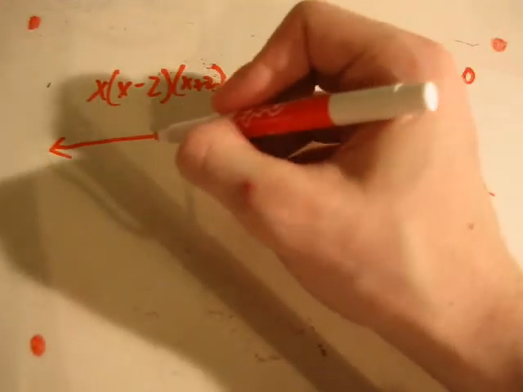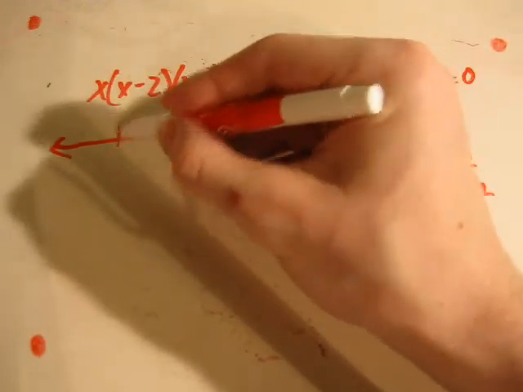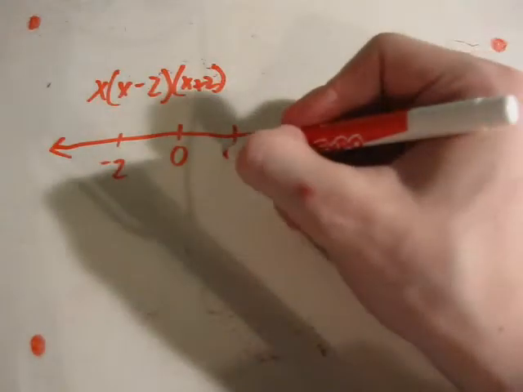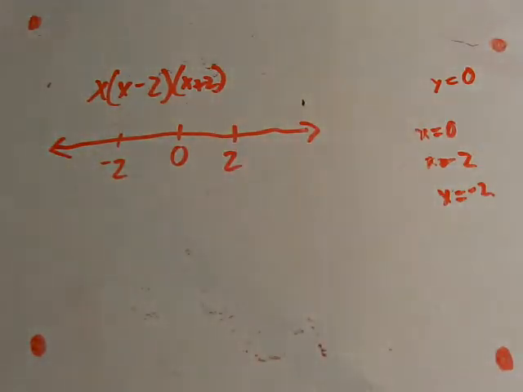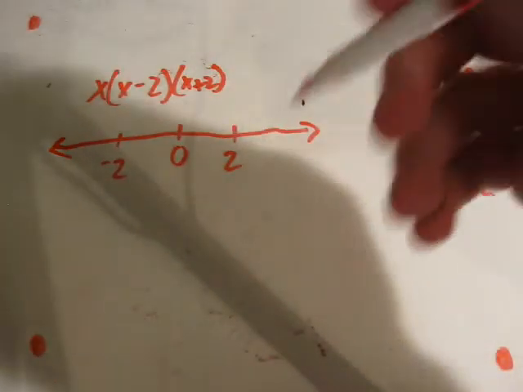So let's see, we've got x can be 0, so we'll put a 0 here. x can be positive 2 and a negative 2.